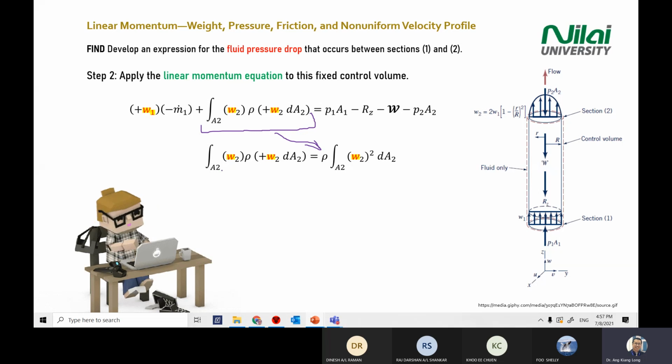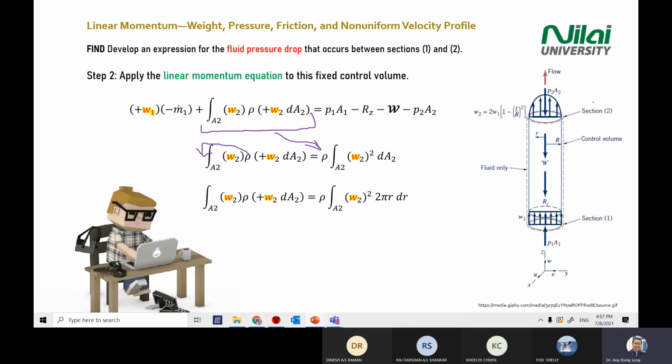When you have integration, you just see whether you can simplify or not. In this case, you can, because U2 and U2 become U2 squared. Rho is a constant value you pull outside of the integration.